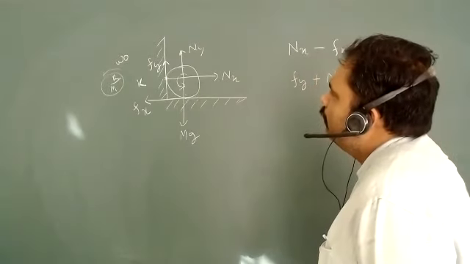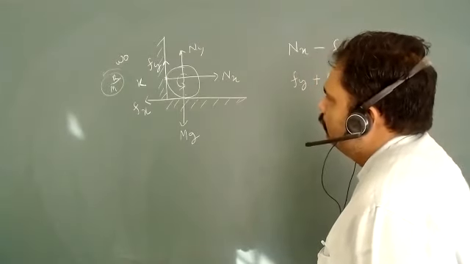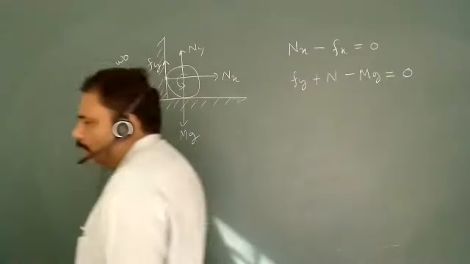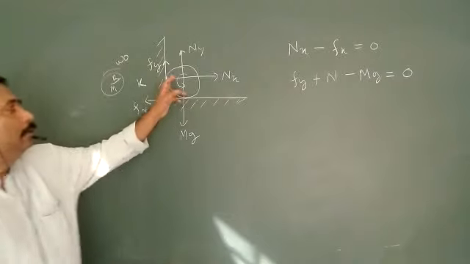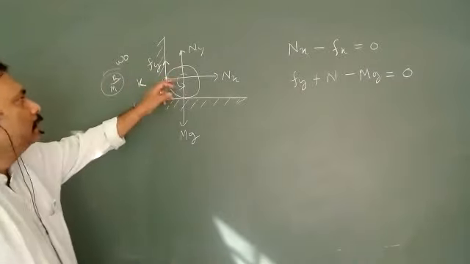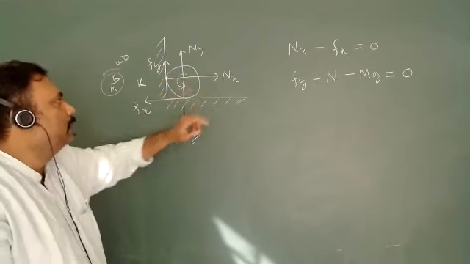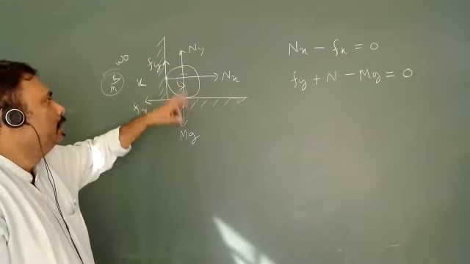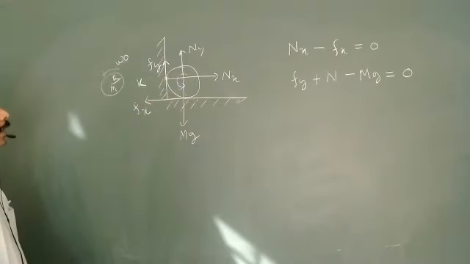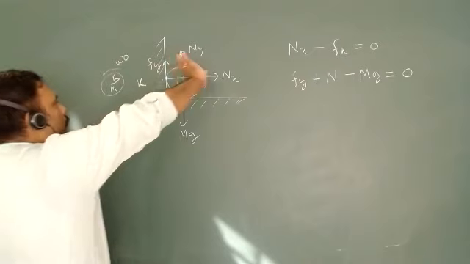And let us go for the torque equation. What about torque? We take torque about the axis passing through the center of mass. So there is no torque due to Nx, no torque due to Ny, and no torque due to mg. Now, what about torque due to Fy?